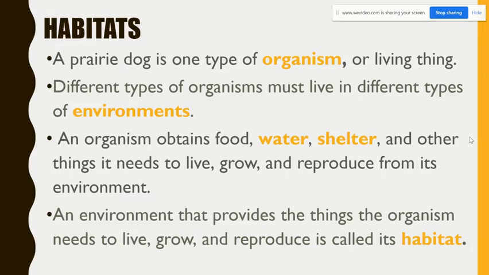And if it doesn't get those things, it would need to find a new location to live, or adapt to its environment so that it could survive and still meet its basic needs. So an environment that provides the things an organism needs to live, grow, and reproduce is called its habitat. So where it lives is its habitat.